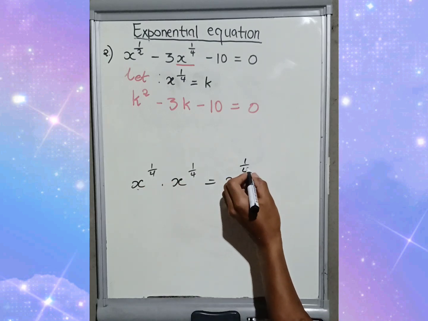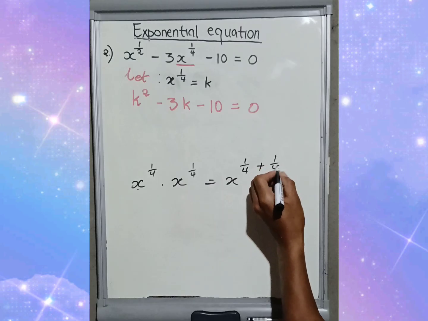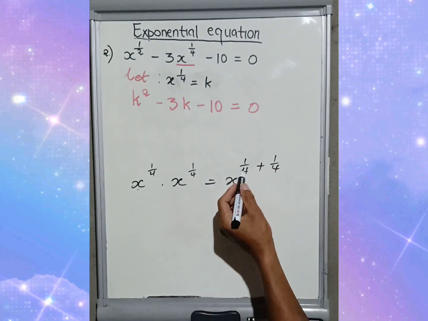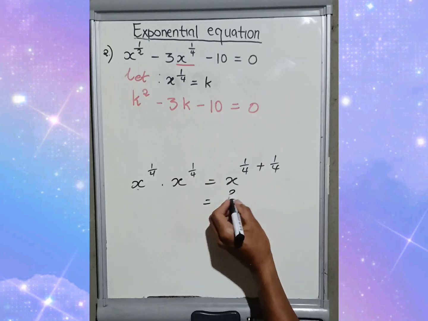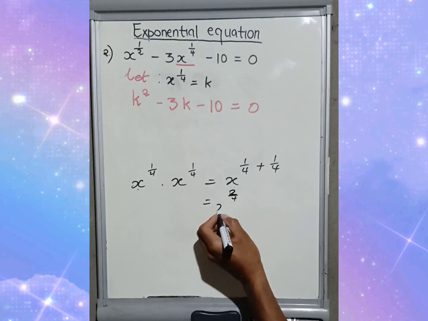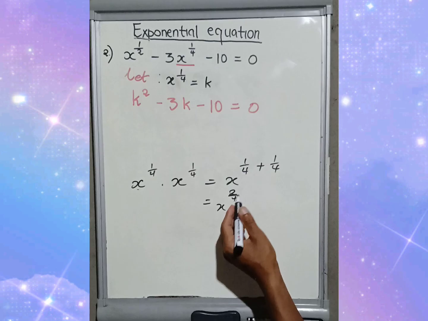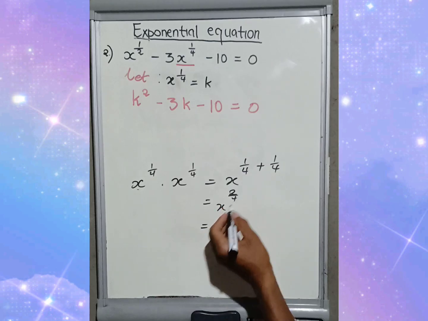The exponent is 1 over 4, then you add the exponents. 1 over 4 plus 1 over 4 is the same as what? 2 over 4, which is raised to what? x raised to 2 over 4. 2 over 4 is the same as 1 over 2.